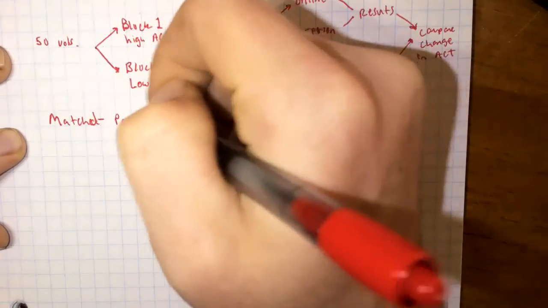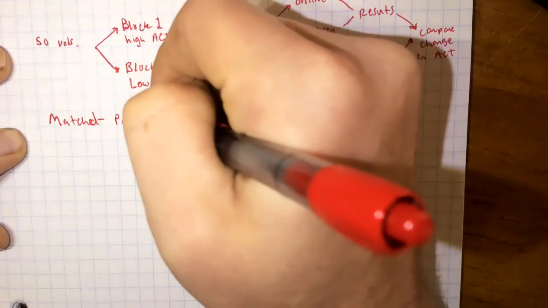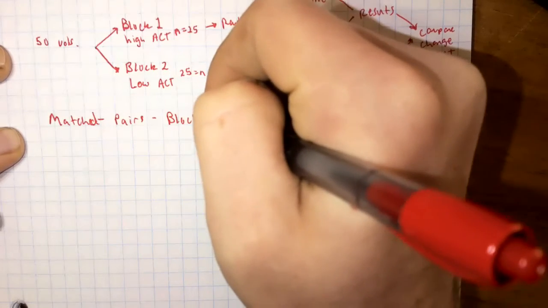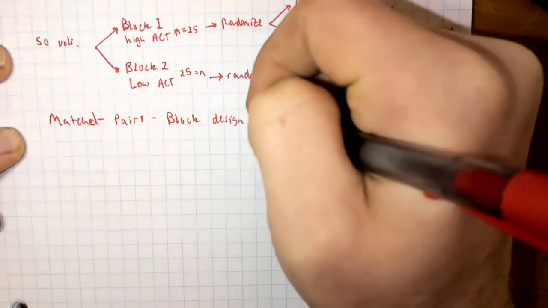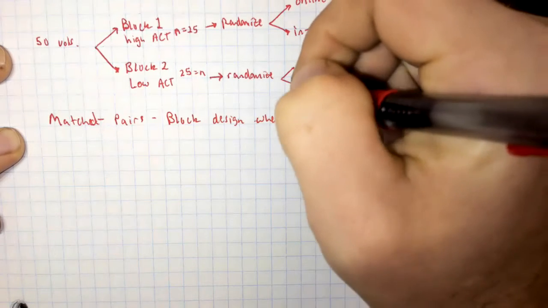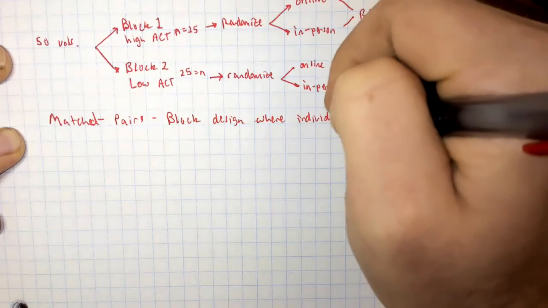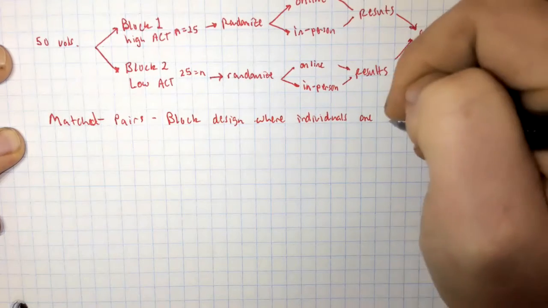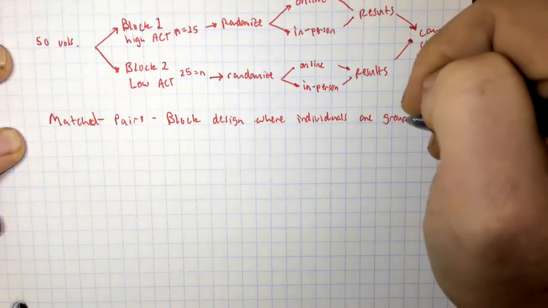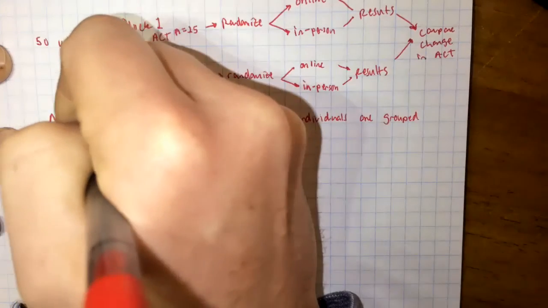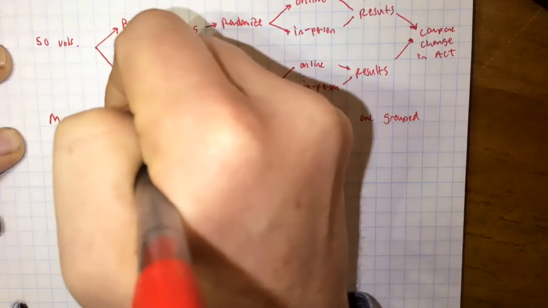Matched pairs is a special type of block design. It's a block design where individuals are grouped as closely as possible.